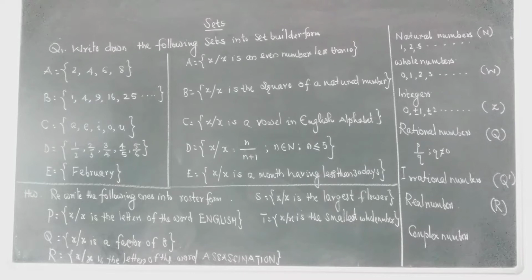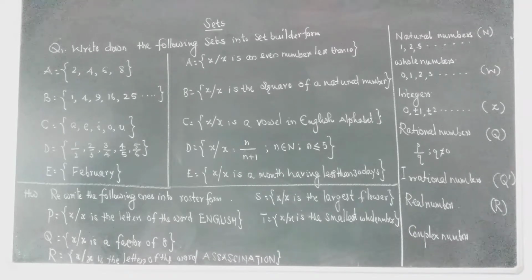In other words, these numbers are also called counting numbers, the numbers meant for counting objects. That is the first set, and the symbol for the natural numbers is capital N.